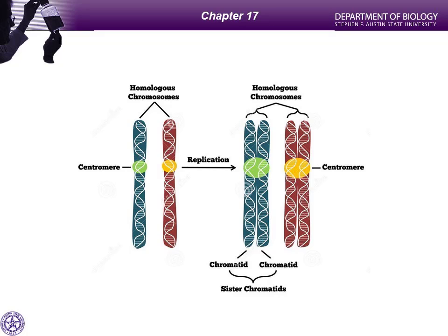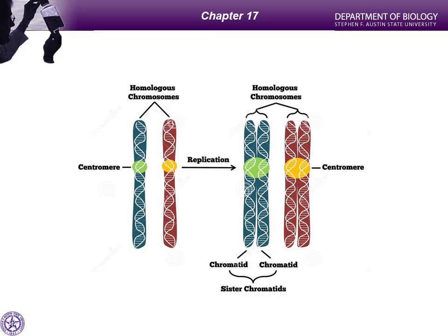Do you understand the homologous thing? What does homo mean? Same. So we have the same genes on each one of these chromosomes, even if the genes are slightly different for hair color, eye color, blood type, that sort of thing. But as long as they're the same genes, chromosome 1, we call them homologous chromosomes.